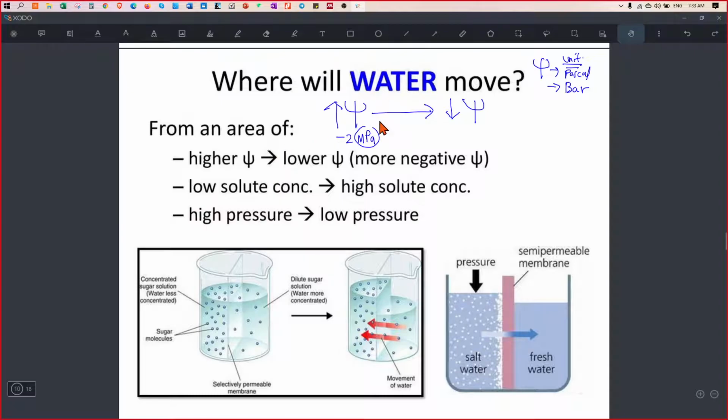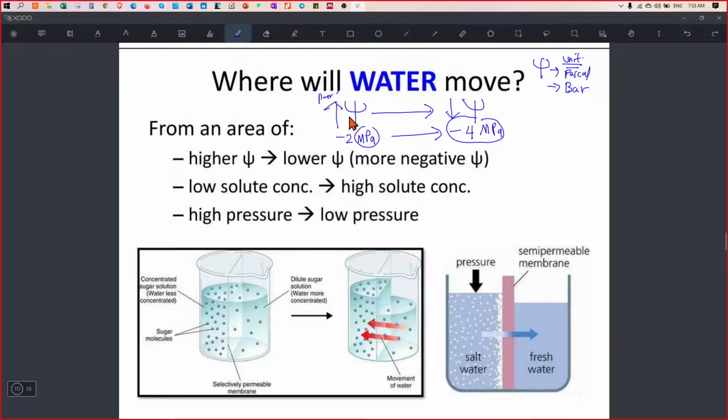So this is the law. It will move from one value to a more negative value. So what is more negative? For example, negative 4 megapascal. Both are negative values, minus 2 megapascal and minus 4 megapascal, but one is purer.